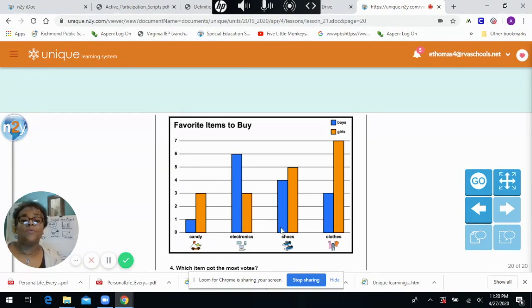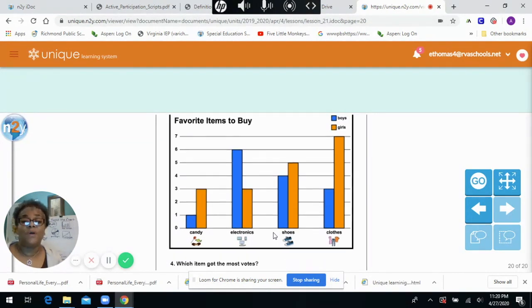Okay, let's look at this one. 1, 2, 3, 4, 5, 6, 7, 8, 9. This group was very, very close too. So these groups, even though they look different, have the same amount of people choosing it. You have 9 people that chose electronics and 9 people that chose shoes. So even though the bar graphs look different, you have to look at the numbers on the side to make sure that you are counting correctly.